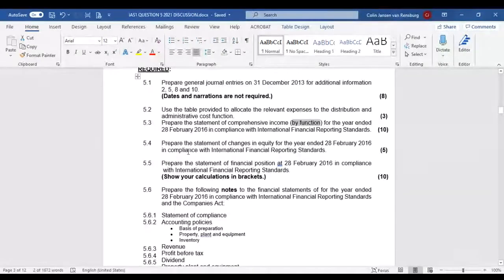For the year ended the 28th of February 2016, which is our financial year end, in compliance with international financial reporting standards. So we've got to specifically apply International Accounting Standard number 1, titled the presentation of financial statements.